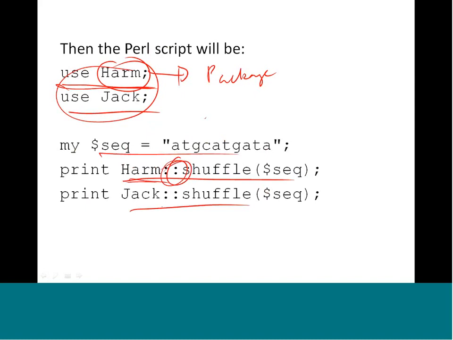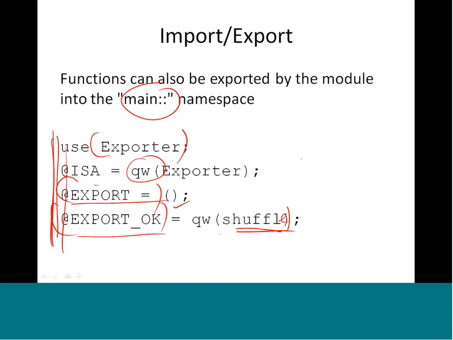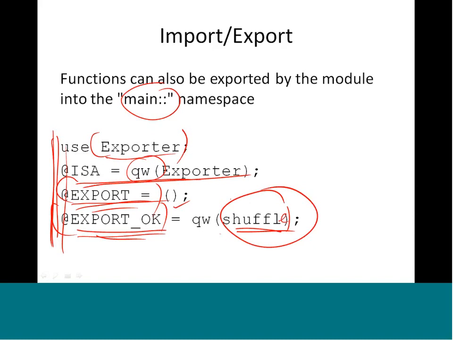It will have a name in the main context. To do that, we use an exporter. So we specify use exporter, and then we specify these commands, and we say that export OK is shuffle.